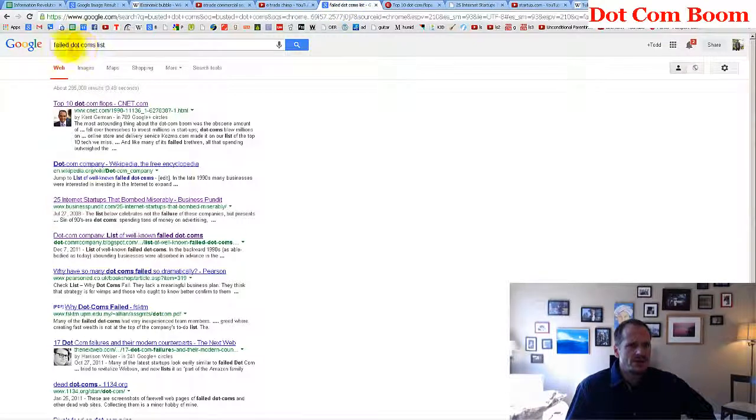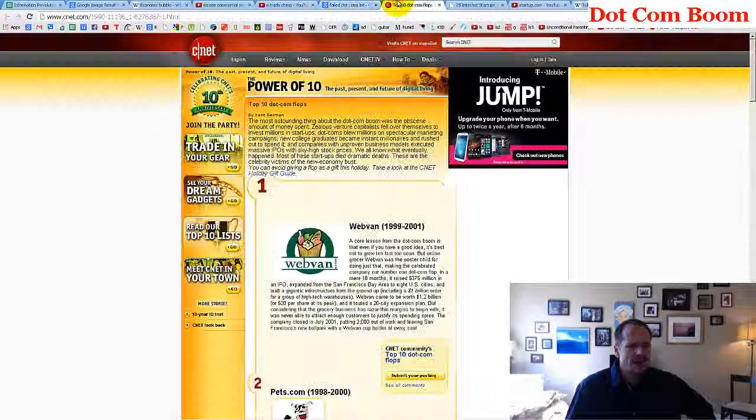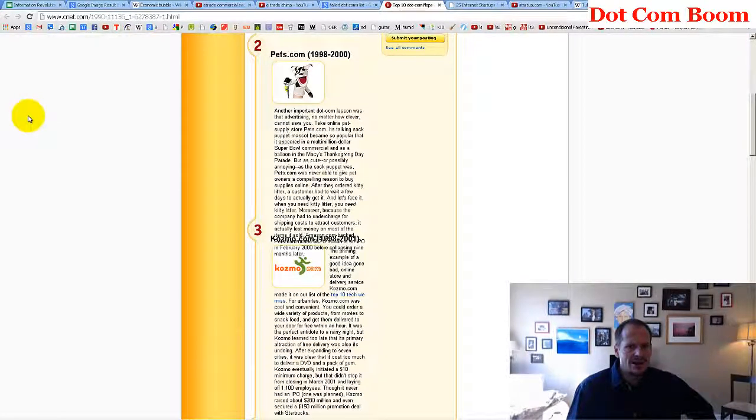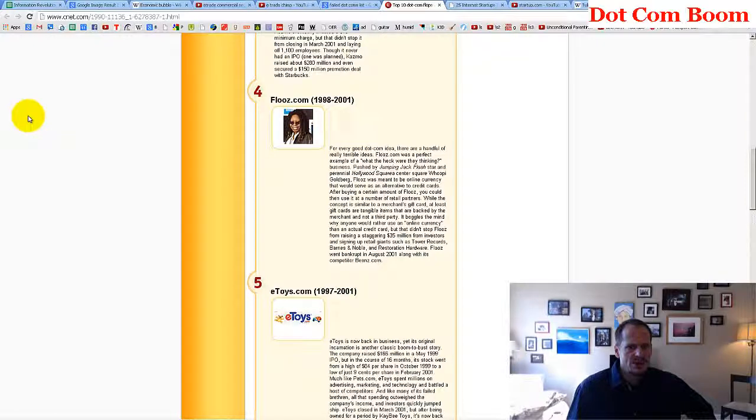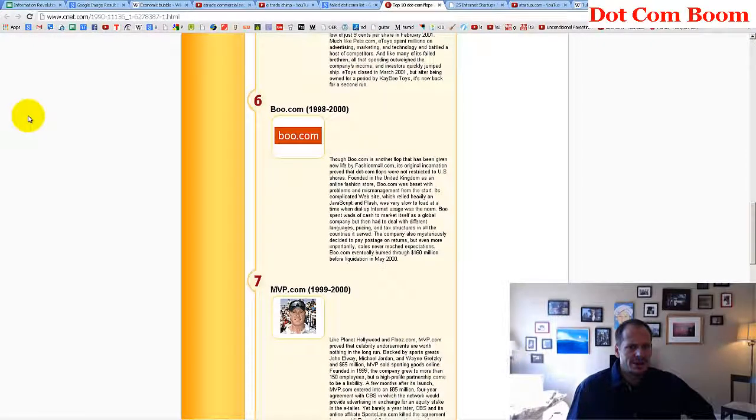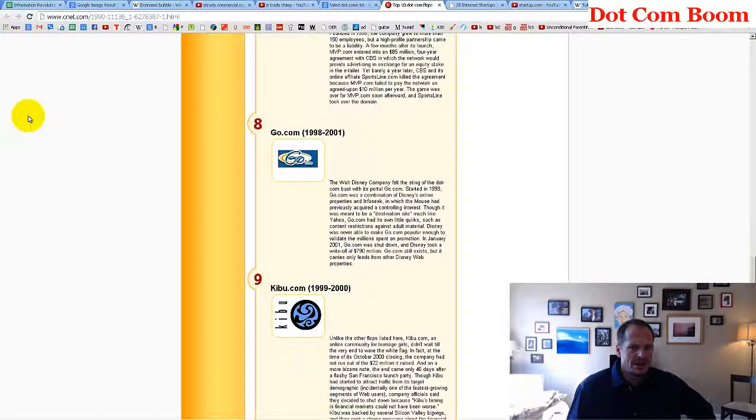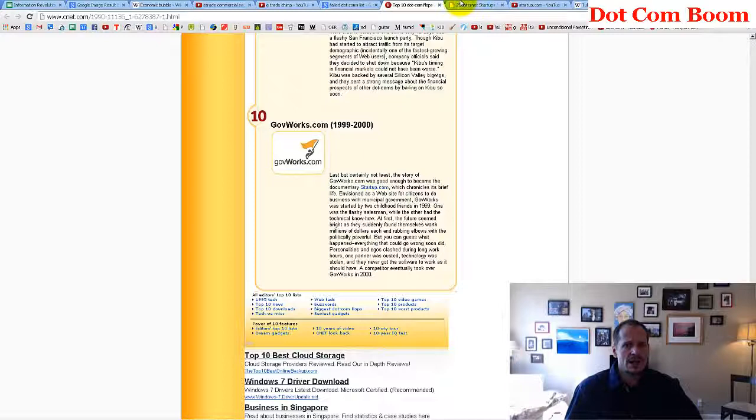And then if you look for the failed dot-coms list, there have been a lot of dot-com companies that failed. Webvan, which was going to do your grocery shopping for you, Pets.com, Cosmo, eToys.com, Boo.com, MVP.com, Go.com, which is a Disney company, Kaibu, and then GovernmentWorks.com.